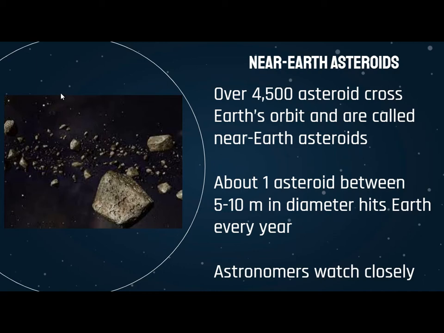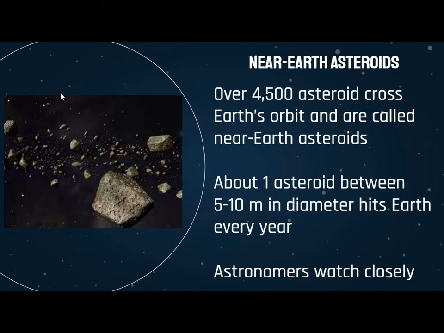About one asteroid every year is between 5 and 10 meters in diameter. Okay, so it's a pretty big asteroid. It's not huge, but it's a pretty big asteroid.